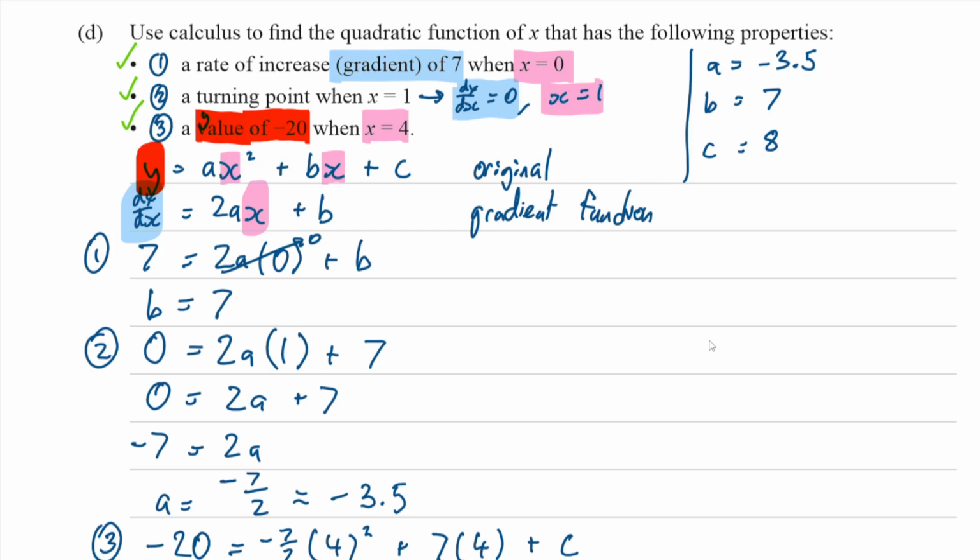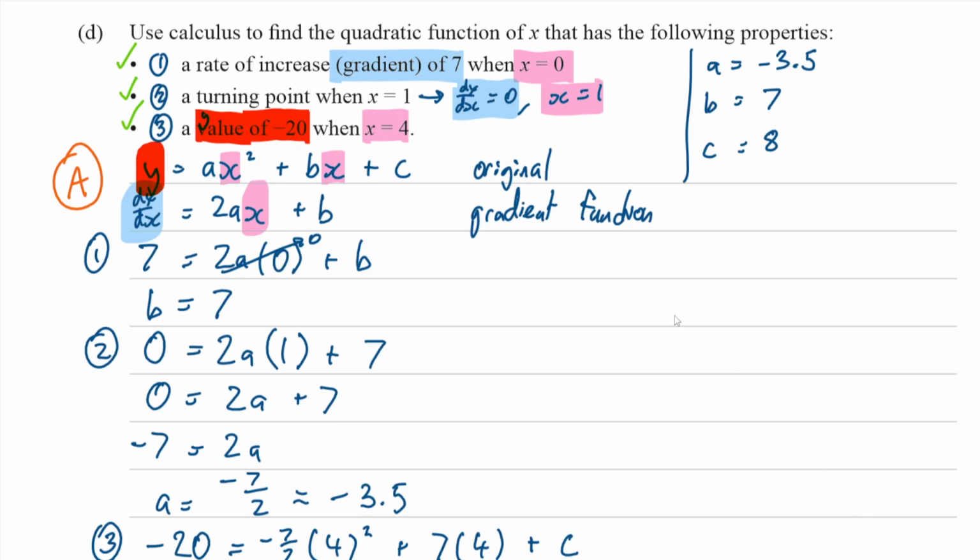However, if they didn't, you would still be able to solve it, but it would be a bit more working because you'd need to sort of go back to your other equations. So the first part is if you wrote the general equation, so the original and the gradient function, that is achieved. As you show, you know how to start the problem, right? And you can calculate the derivative.